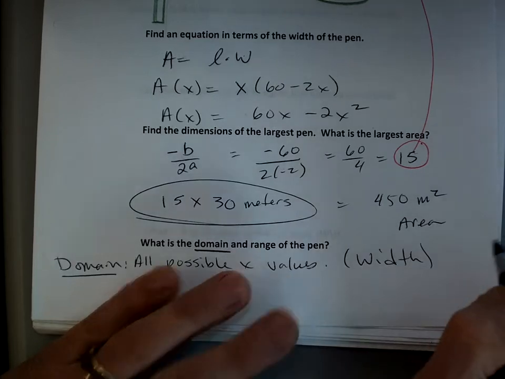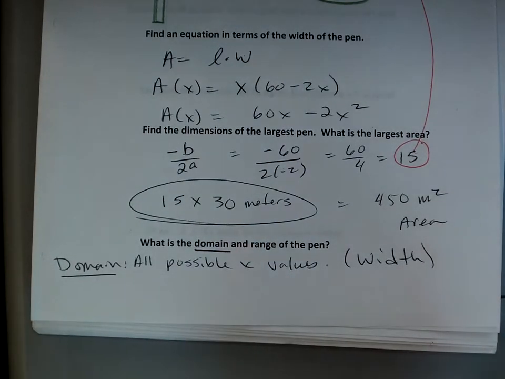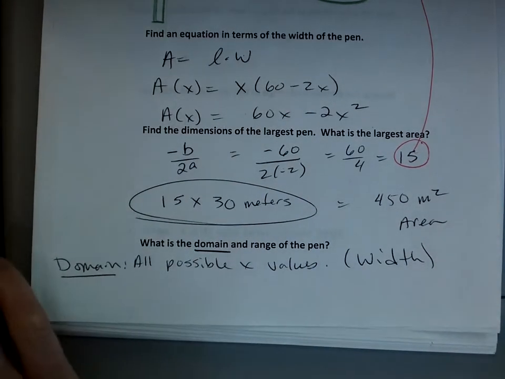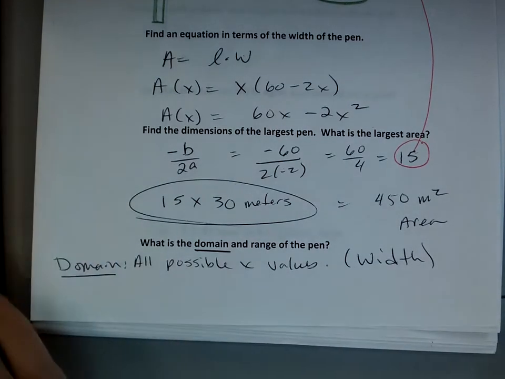So what's the smallest width we could have in this fence?